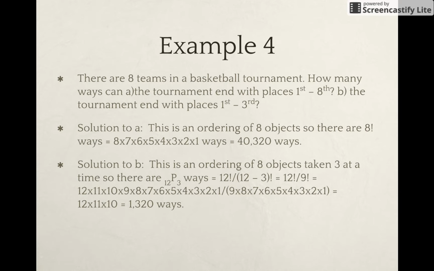In part B, we're ordering the 8 objects 3 at a time. So there are 8 objects arranged 3 at a time. And using the formula, we would have 8 factorial over 8 minus 3 factorial. Using the definition of factorial and simplifying, we have 336 ways.